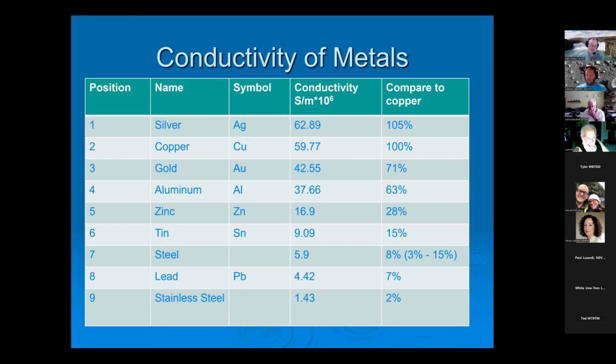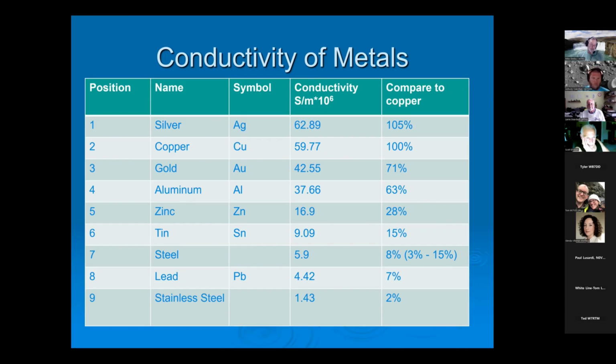Gold, we kind of think that gold is the gold standard for conductivity. Well, it's not. Gold is slightly less than copper. Aluminum is also a very good conductor. We use that an awful lot, but aluminum has some problems with it, and we'll talk about that.